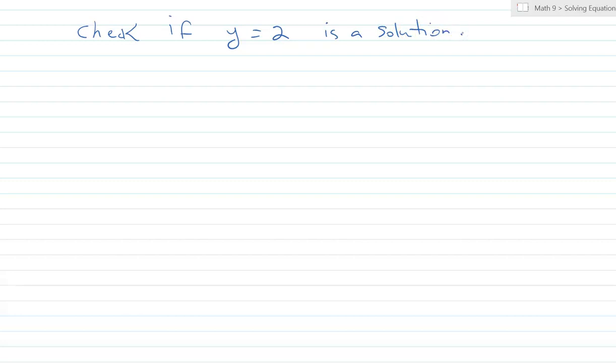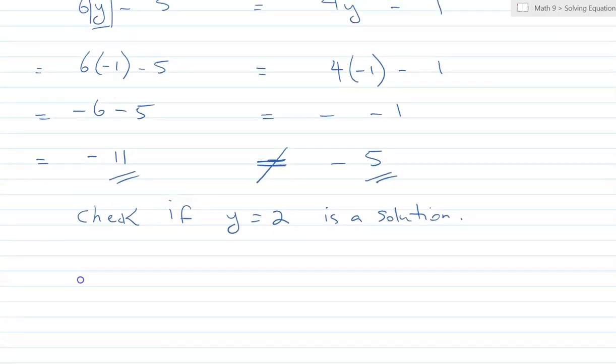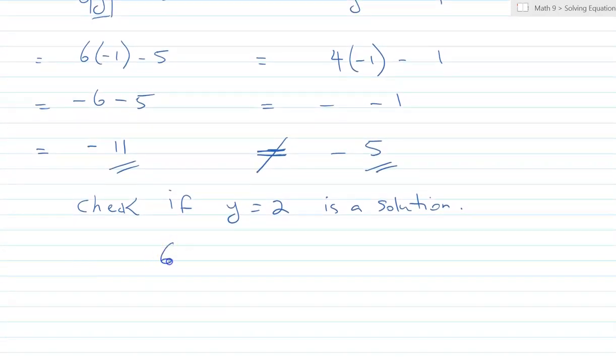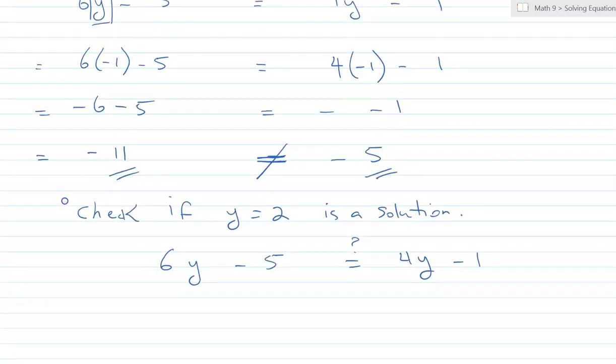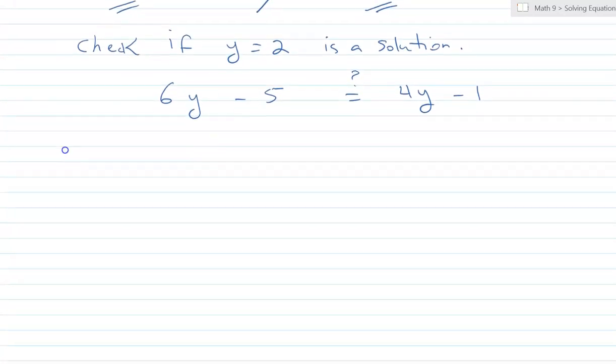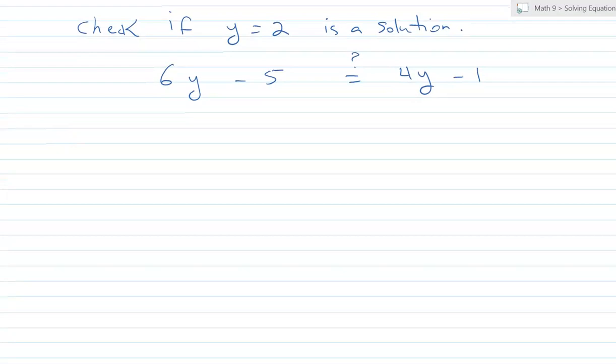Let's go ahead and write up the left hand side and the right hand side. Remember, the left hand side was 6y minus 5. Is that equal to 4y minus 1? Let's double check. Now remember, wherever you see y equals 2, that's where you're going to replace y by 2.